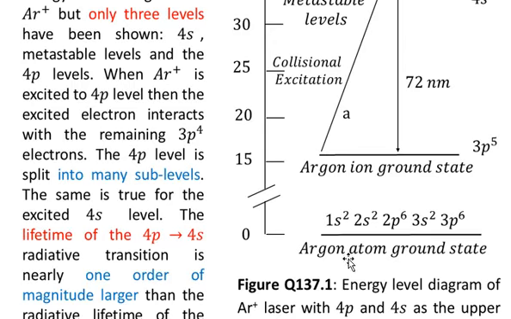When this argon atom is ionized, we get an argon ion which has a ground state over here, that is higher in energy than the ground state of the atom, because this is a singly ionized argon ion, and the electronic configuration of the last 3p orbitals is 3p5, because one electron has been removed from the 3p6 and we are left with 3p5 as the electronic configuration of the argon ion.